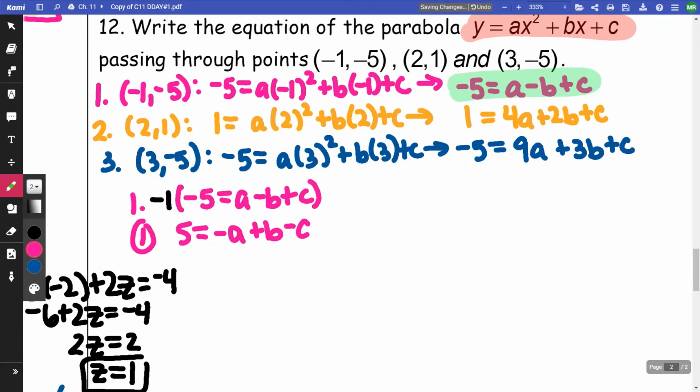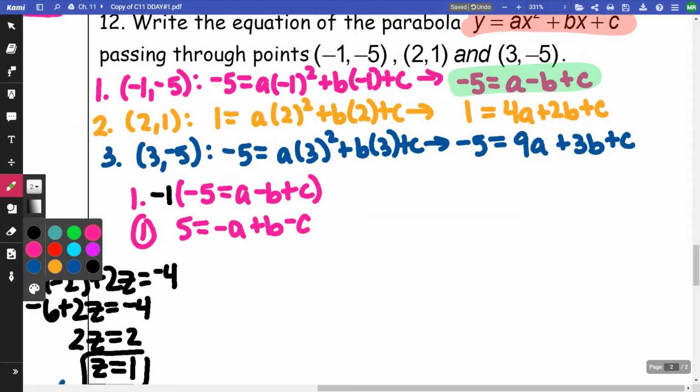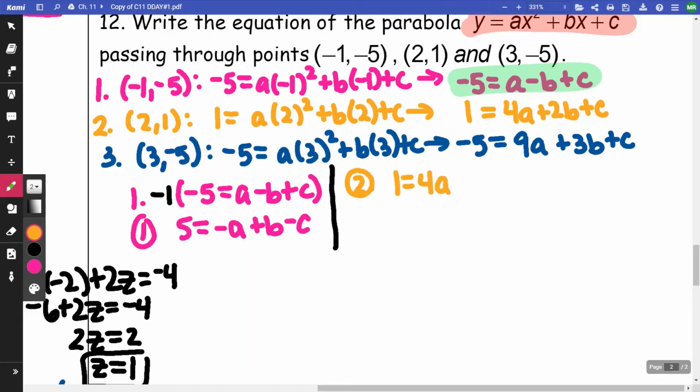So now I'm going to take that equation and use it with number 2. Let me just use number 2 here. I'm just going to draw a line in between. For number 2, I'm going to have 1 is equal to 4a plus 2b plus c.